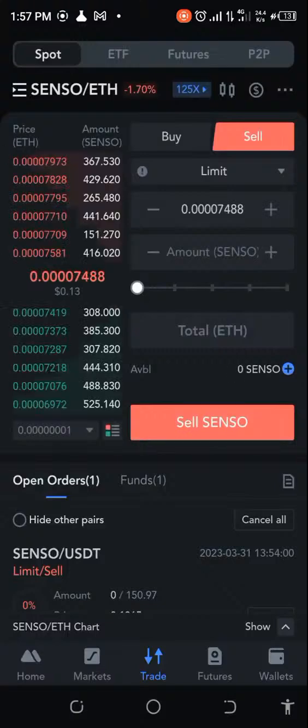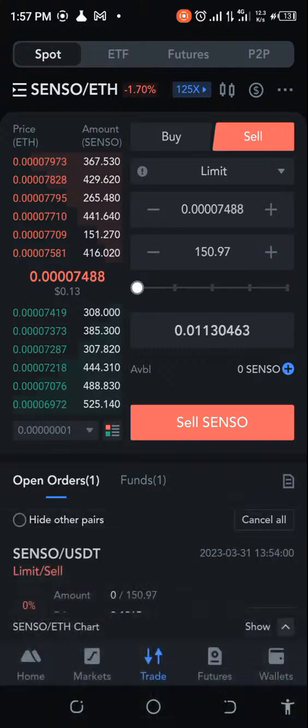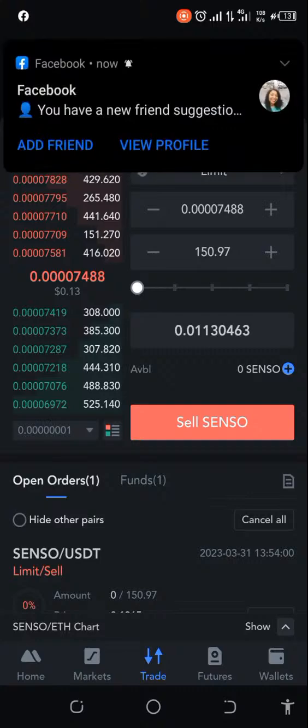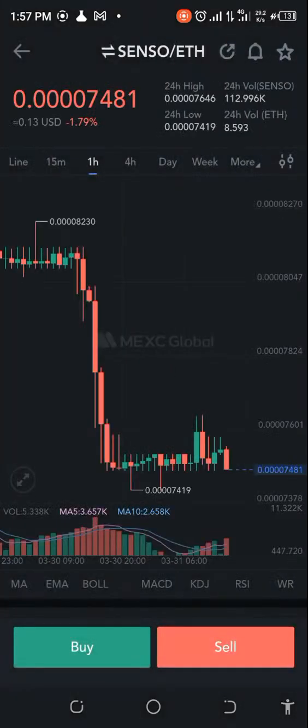So what I have here is, if I pick this 7419 and I put 150.97, no. I don't think I want to do that because if I tapped here, it's going to give me this. But even with that, I can see that it's actually going low. So because of that, I don't think it's a risk I want to take.